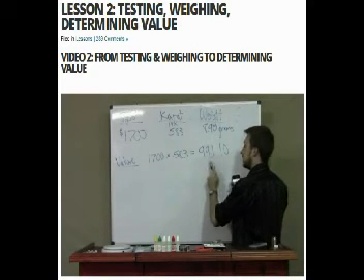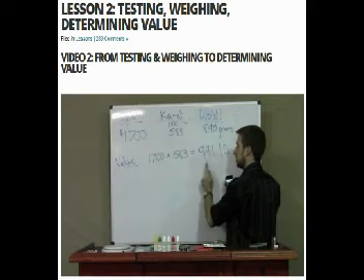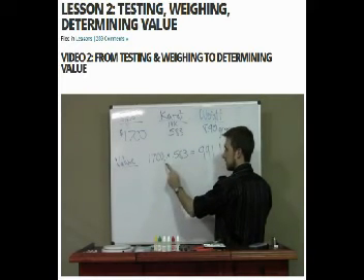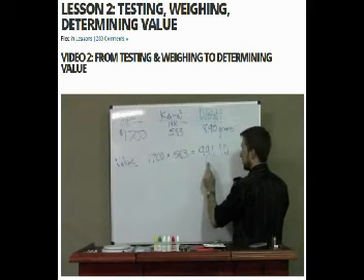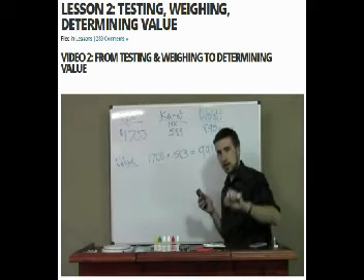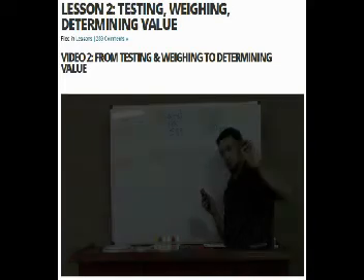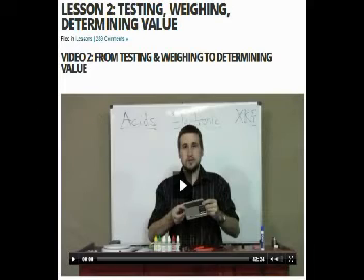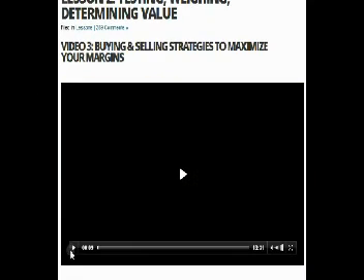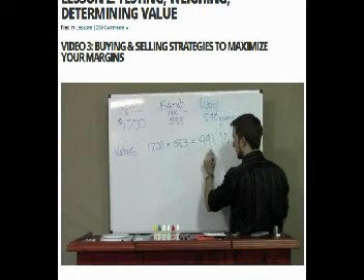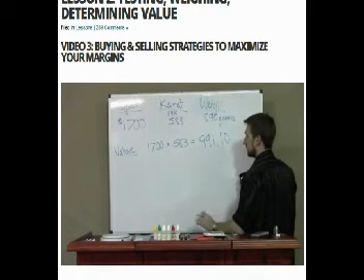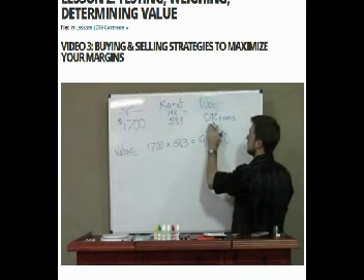This is what an ounce of 14 karat gold would currently be worth. If you had an ounce of 14 karat gold, it would be worth $991. But we're trying to figure out what this item's worth.